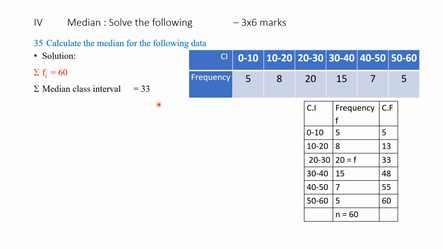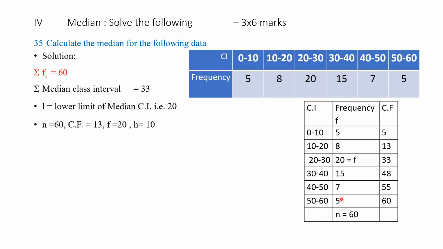Now the median class interval. The lower limit of the median class interval is 20. Here this 30 comes in this class, so the lower limit of this class interval is 20.